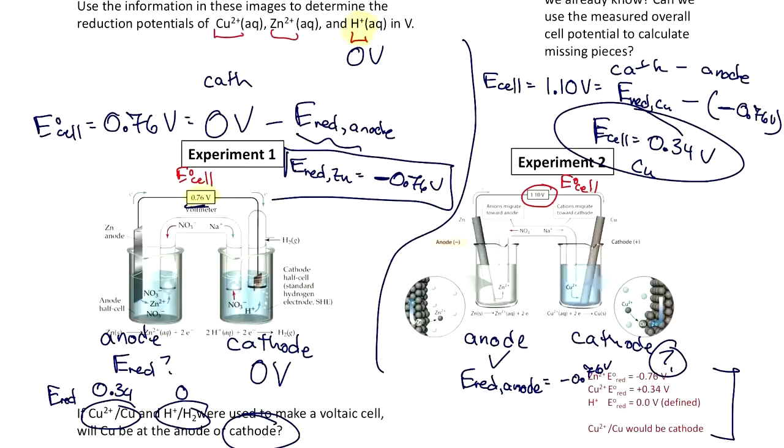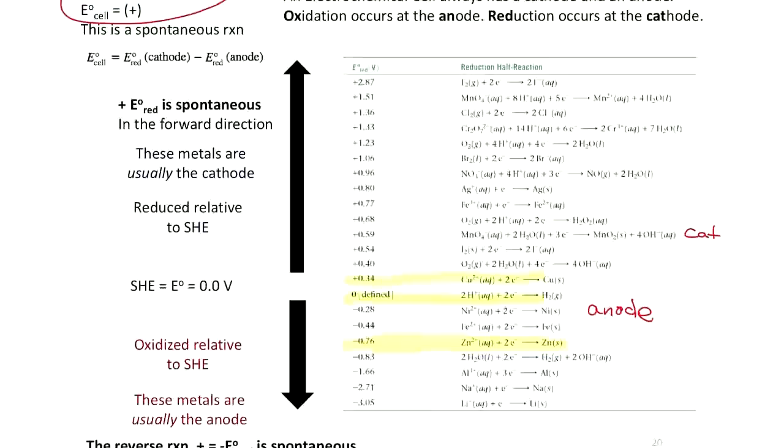But if I complete the circuit while connecting my voltmeter, basically replicating this picture of the copper half reaction and the zinc half reaction, what cell potential do you think I'll measure? If we look up the cell potentials of copper and zinc, you can see up in here, I'm combining the copper half reaction and the zinc half reaction.